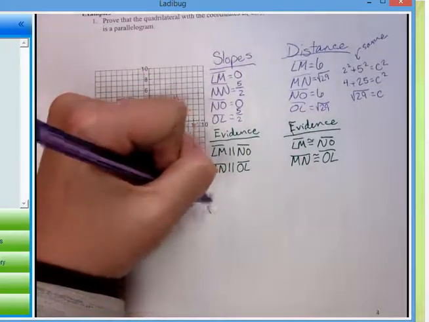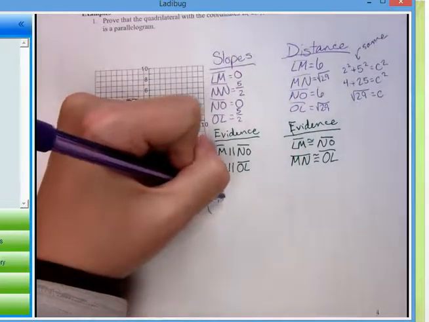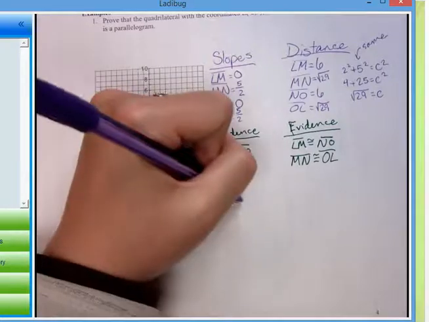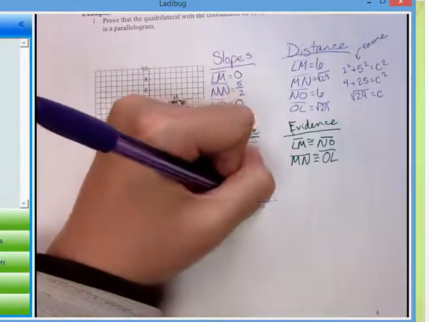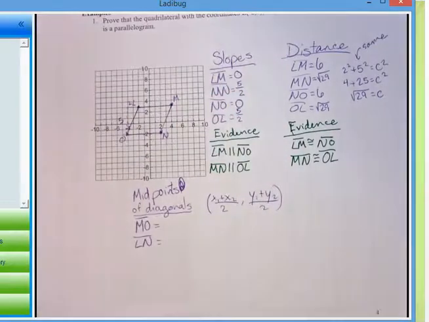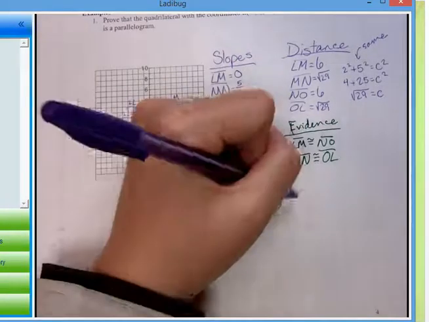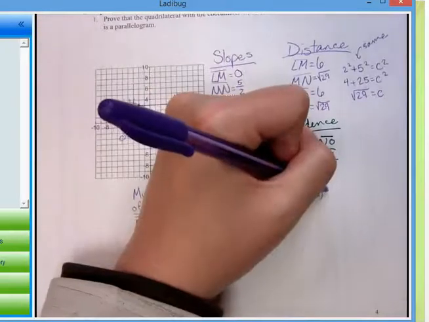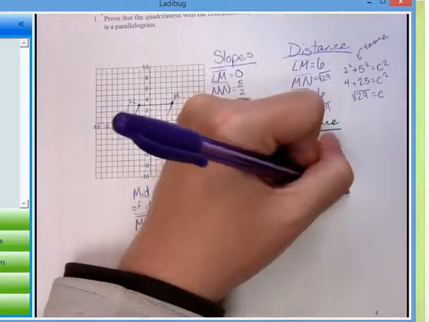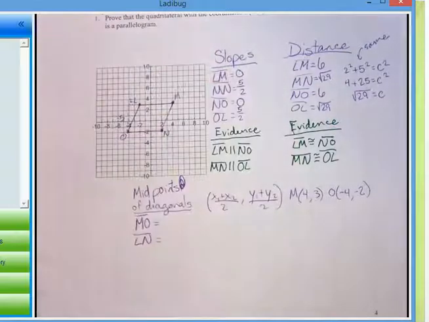But we need to find the midpoint. So we've got to remember that formula. X1 plus X2 divided by 2. And then Y1 plus Y2 divided by 2. So we have to take our X's and our Y's, add them together, cut them in half. So averaging our X's and Y's. So for MO, we've got M at 4, 3, and O is -4, -2.